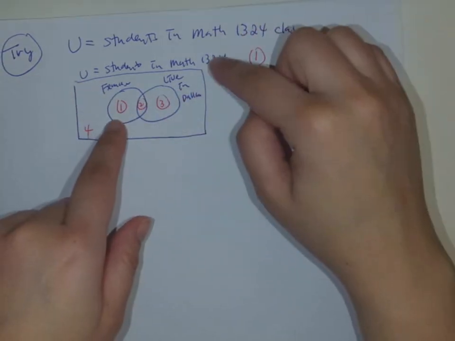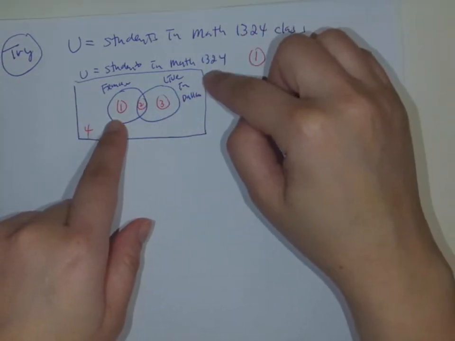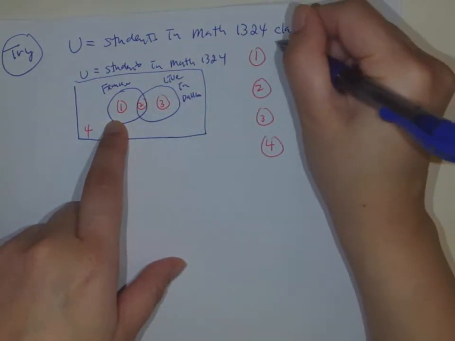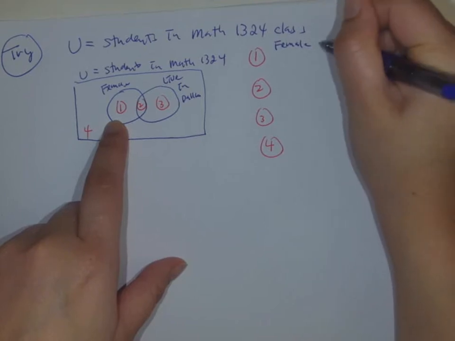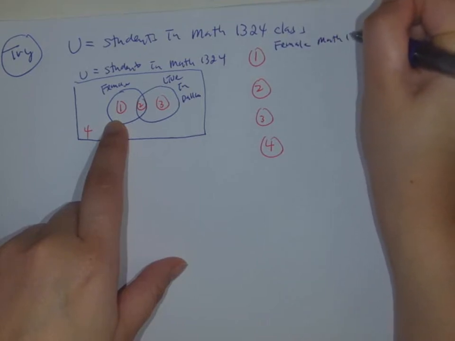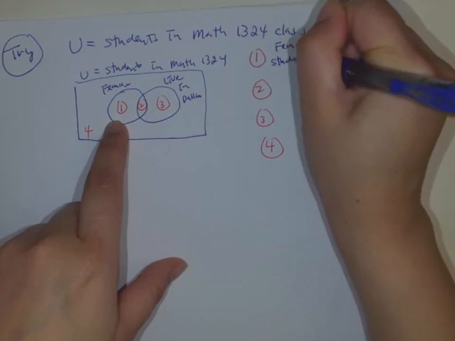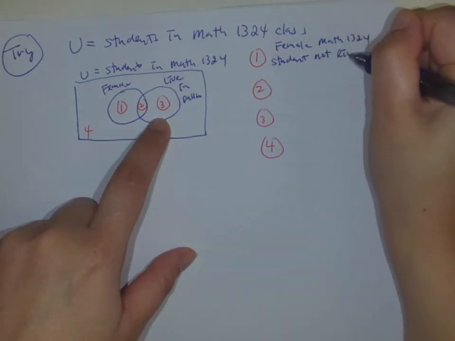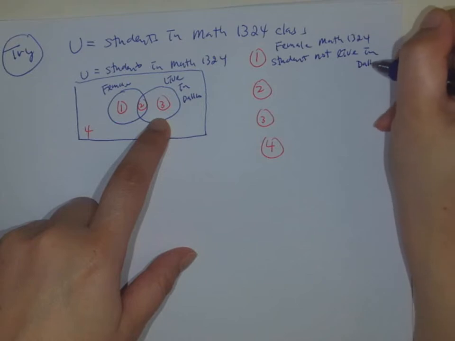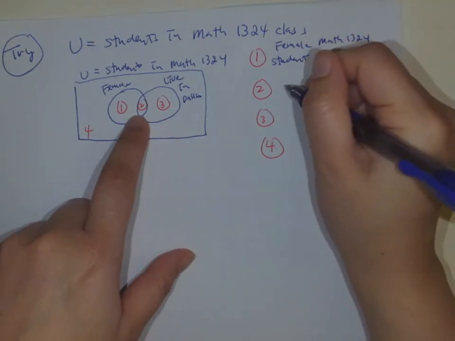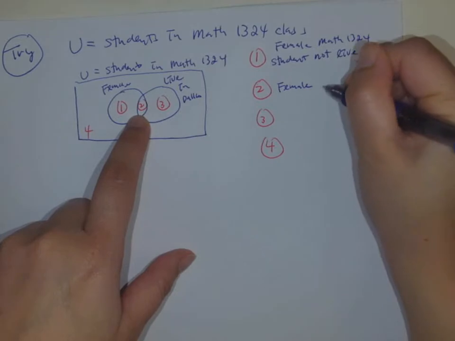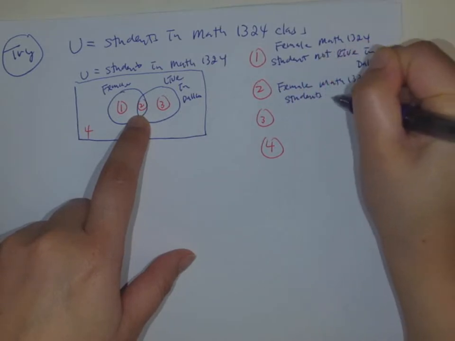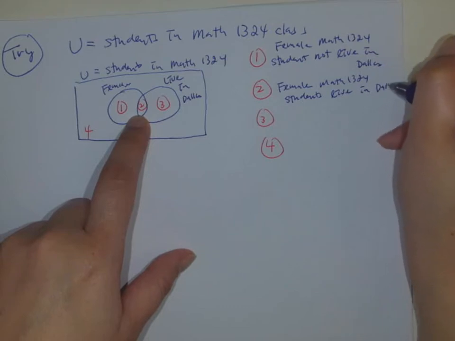I'm sorry, 1 is female math 1324 students outside of that circle, not living in Dallas. How about 2? 2 would be the two overlaps, so female math 1324 students who live in Dallas.